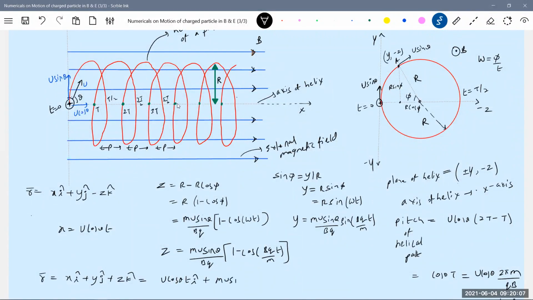Y will be mu sine theta by bq. If you want q by m, you can write it as alpha, the specific charge, j cap, and this will be mu sine theta by bq.